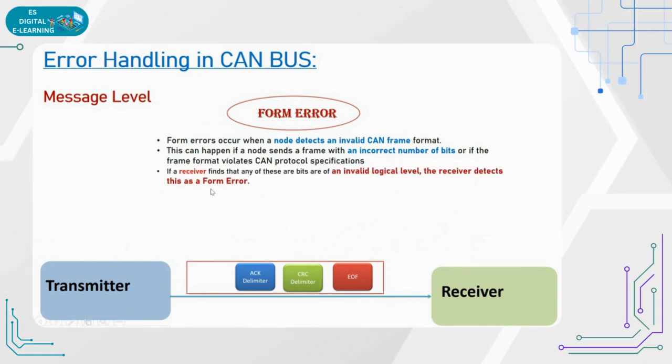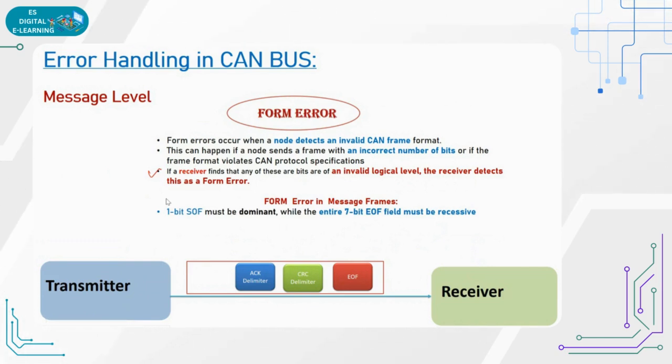Generally it is identified by the receiver end. If a receiver finds that any of these bits has an invalid logical level, then the receiver detects a form error. Important: the start of frame, whenever we send data, is always dominant, which means a 0. The 1-bit start of frame must be dominant always, while the end of frame must be recessive.